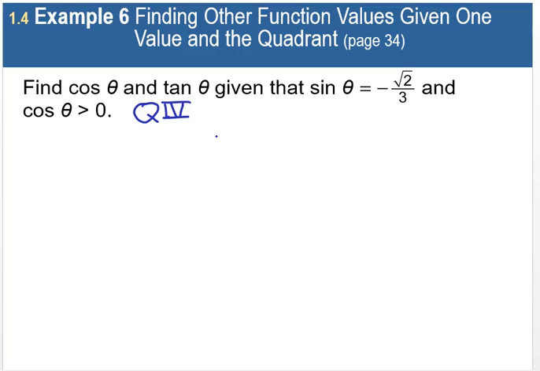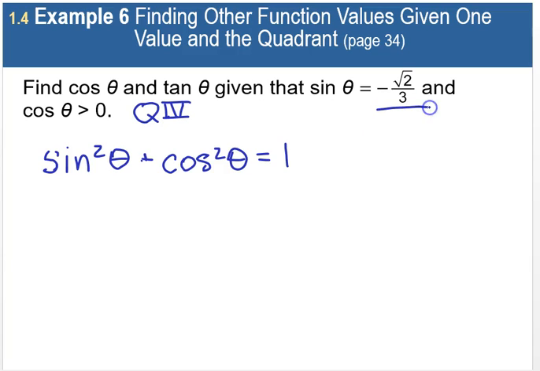So one of the Pythagorean identities stated this right here, that sine squared theta plus cosine squared theta is equal to 1. We have sine of theta. We can plug that into our function here and then solve for cosine. That's what we're going to do.